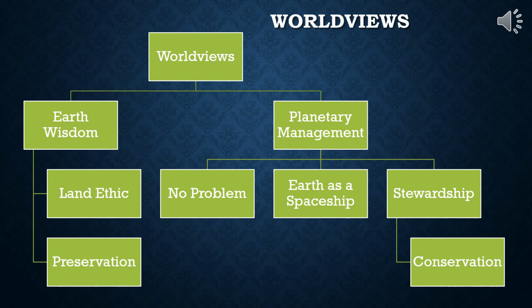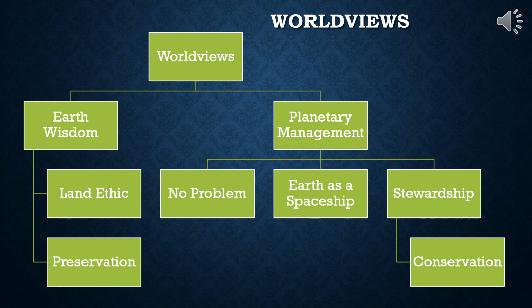Worldviews can typically be divided into two large categories. These large categories are talking about what is the center point of their worldview. If the center point of their worldview is actually the global environment itself, we call this a geocentric worldview or an ecocentric worldview.